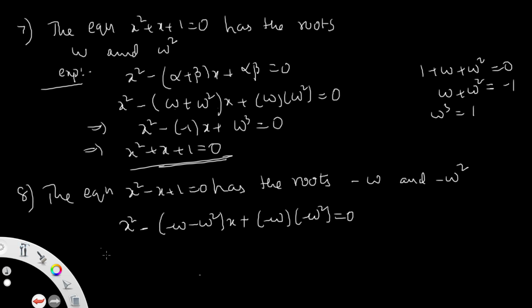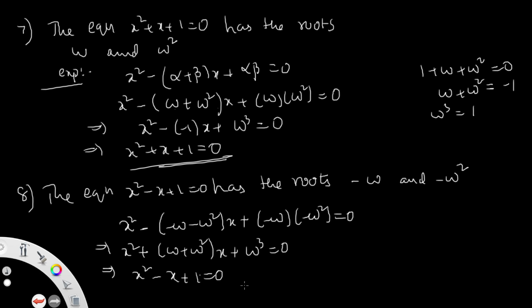Then simplify, taking minus as common: (omega plus omega square) x, and minus into minus is plus, that is omega cube, equal to 0. Therefore the equation becomes x square minus x plus 1 equal to 0, which has the roots minus omega and minus omega square.